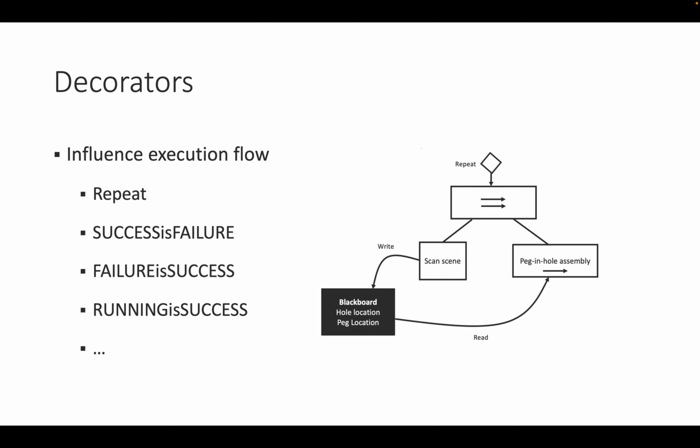You might have a loop decorator that does a certain behavior a certain finite number of times, but you also have decorators that would turn a success into a failure or turn a running into a success, which then allows you to use somebody else's behavior that has a certain output and actually invert it so that you can use it in a selector or a sequence node and get certain things done that you want to get done.